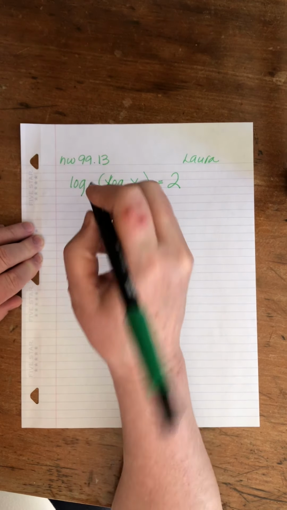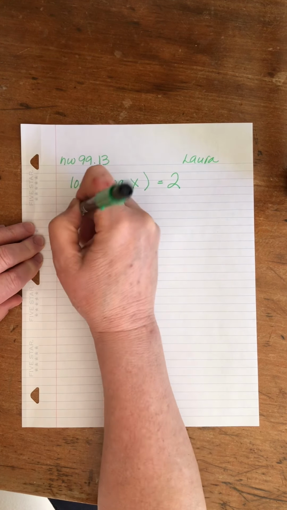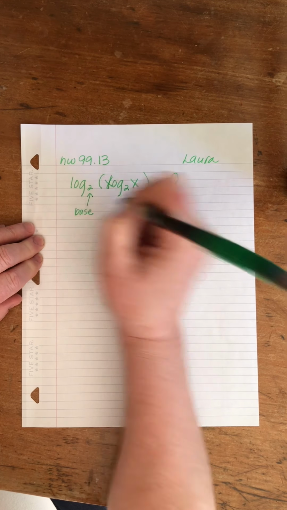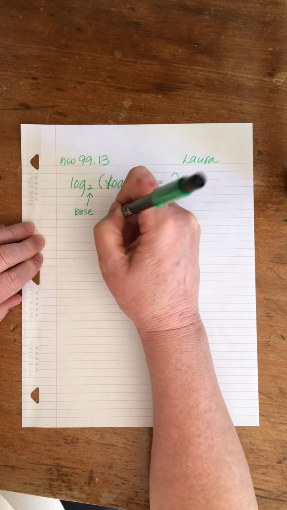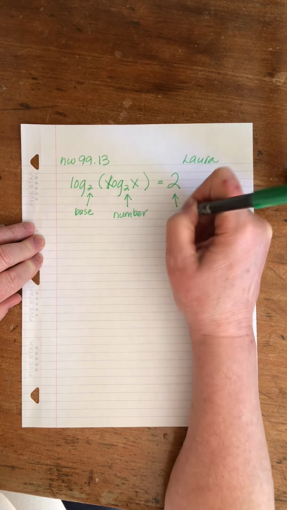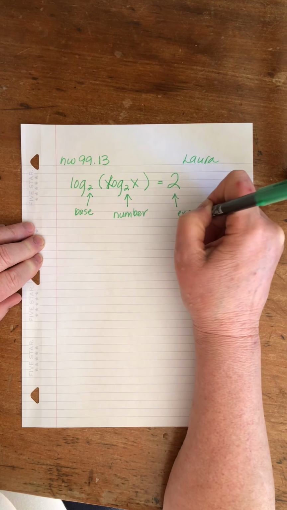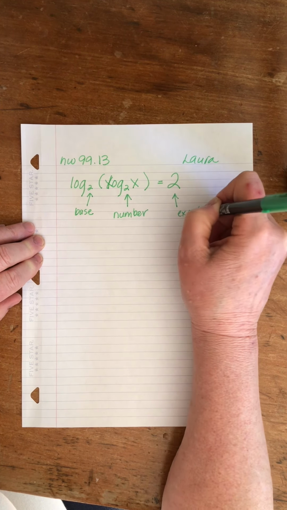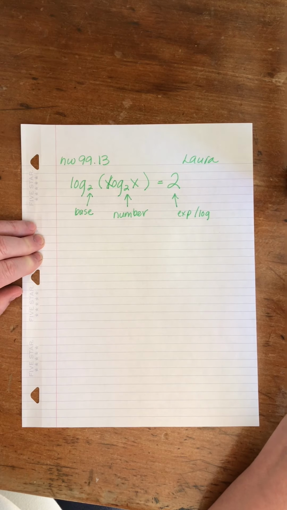Identify the basic structure. We know that this is the base, and this is the number, and this is the exponent or the log. I don't like to say log because that's a new word that confuses the issue. I like to just remember that it's the exponent.